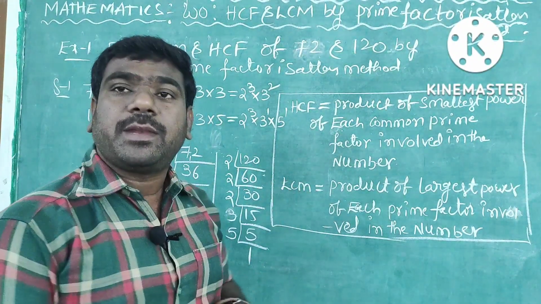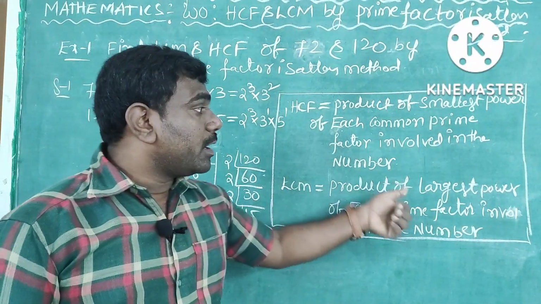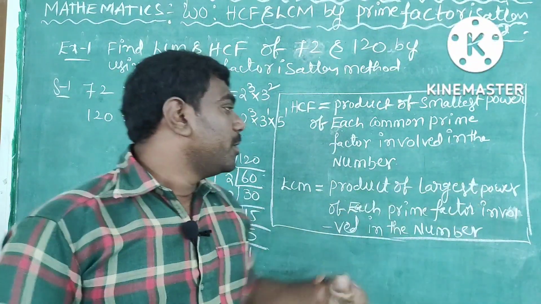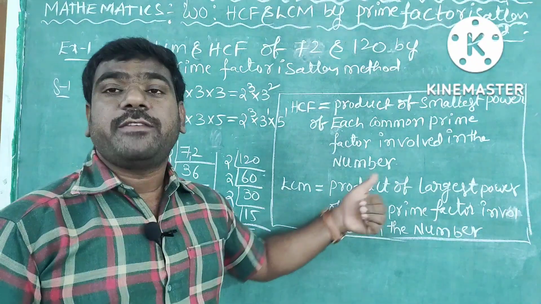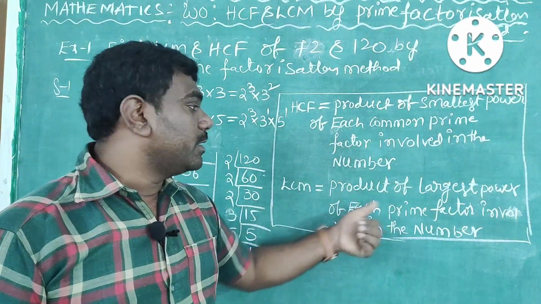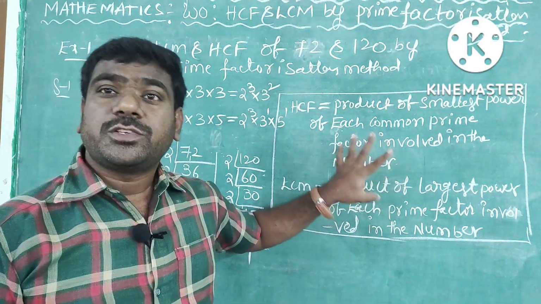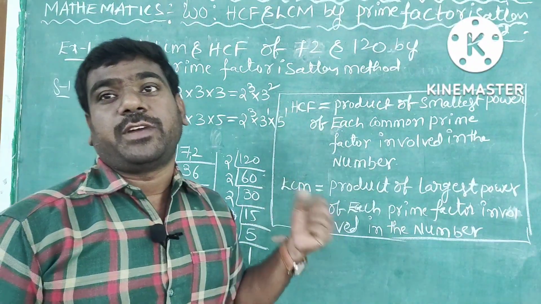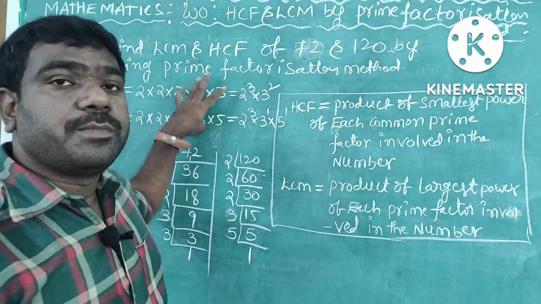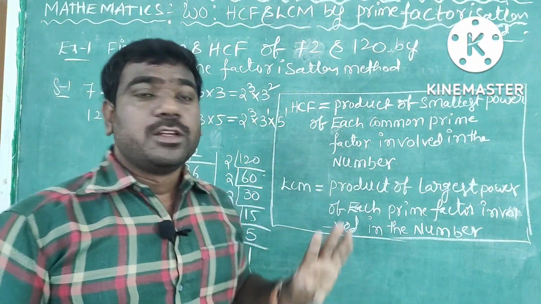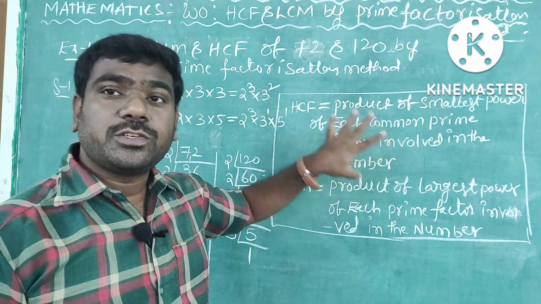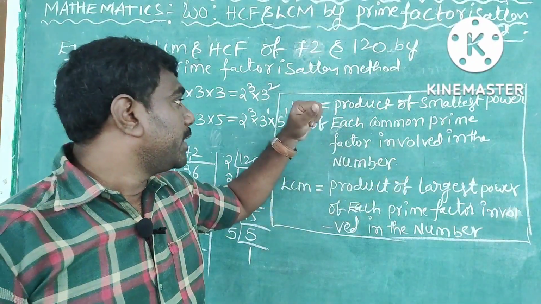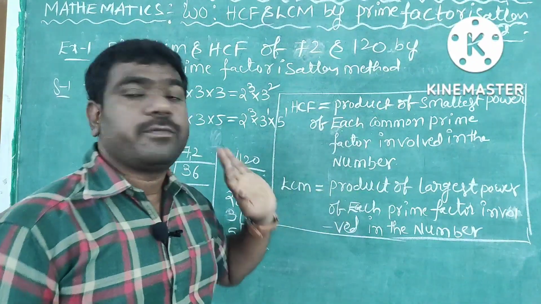Next, the LCM formula is: the product of the largest power of each prime factor involved in the numbers. 100% you should remember these formulas, then only can we take out the HCF and LCM of these two numbers, otherwise we can't. So that is the HCF formula, and that is the LCM formula.